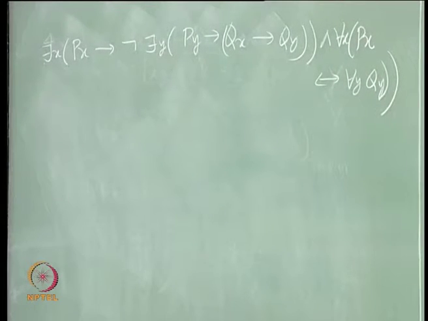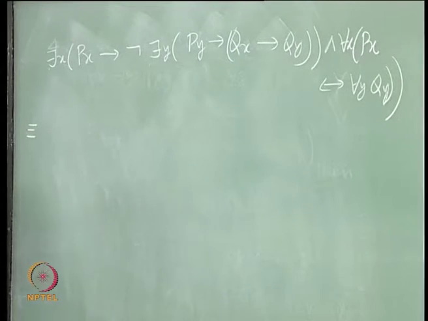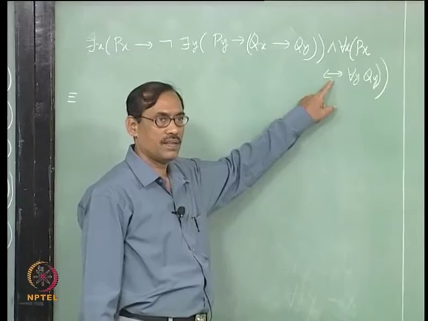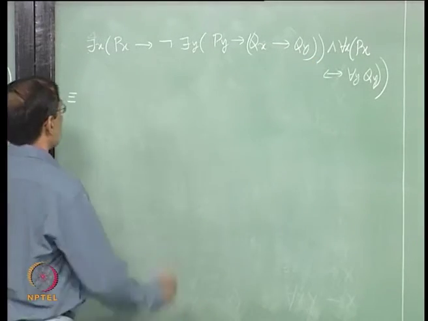Just start with this. The first thing we have to do is eliminate the biconditional. This can create a problem in the rectification, so first we have to do that.